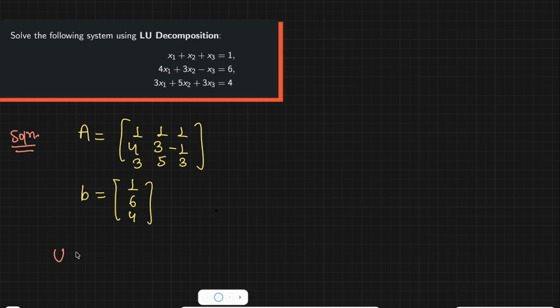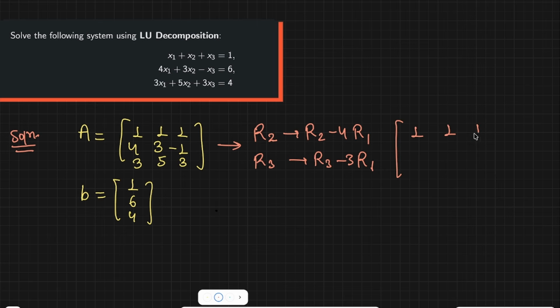Okay, so your U matrix will be, convert this A matrix into upper triangular matrix, then I will apply R2 interchange with R2 minus 4R1 and R3 interchange with R3 minus 3R1. After applying this will be 1 1 1, 0 0 minus 1 minus 5 2 and 0.